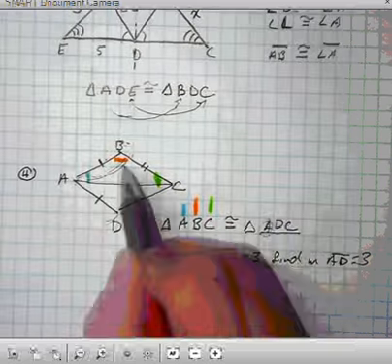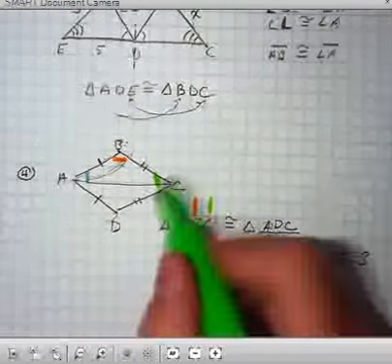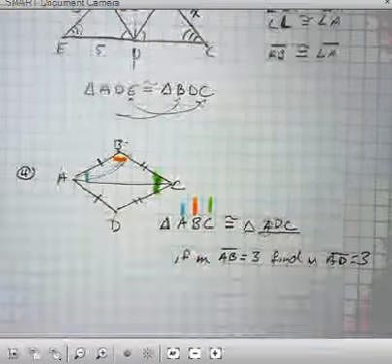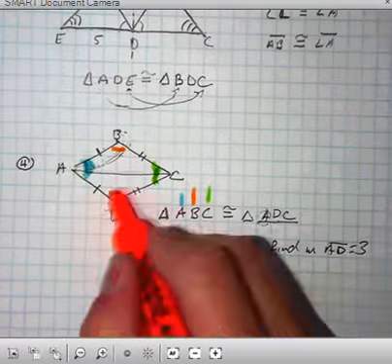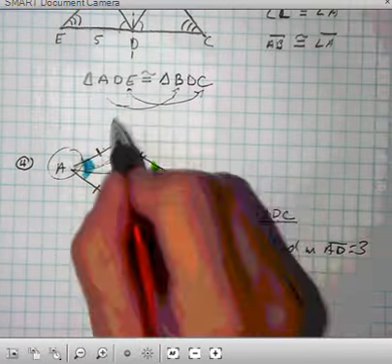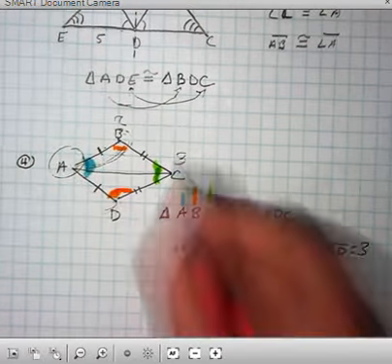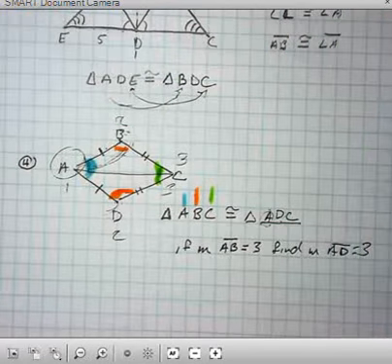This is my second angle, so it has to match up with my second angle here. In this, C is the same as C right there, A is the same as A right there, and D is the same as B. So that if this is first, this is second, this is third, then this has to be first, second, and third in our other triangle also.